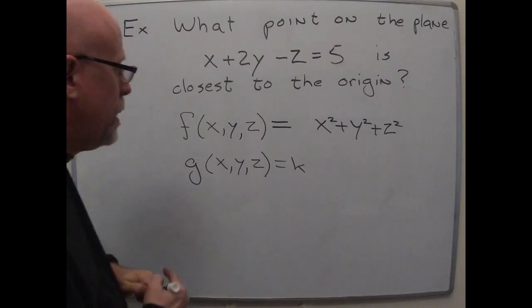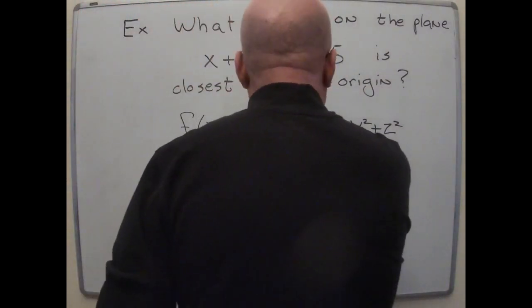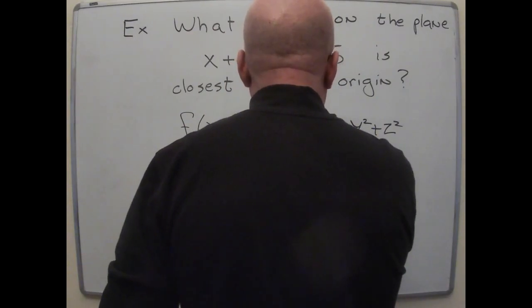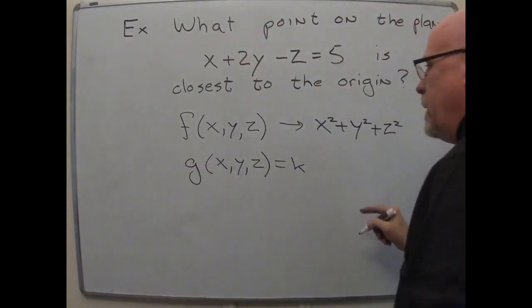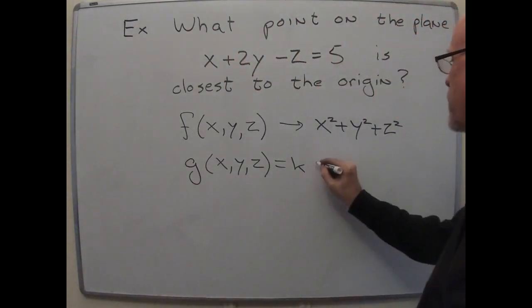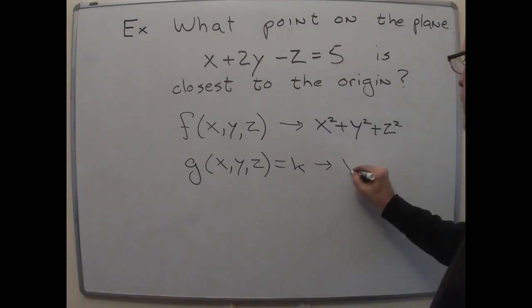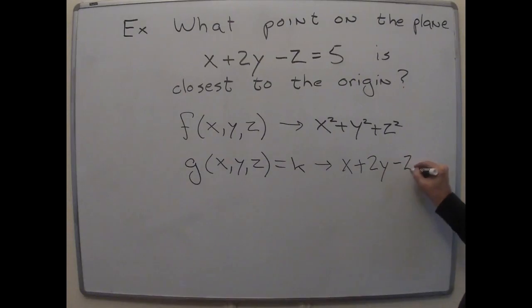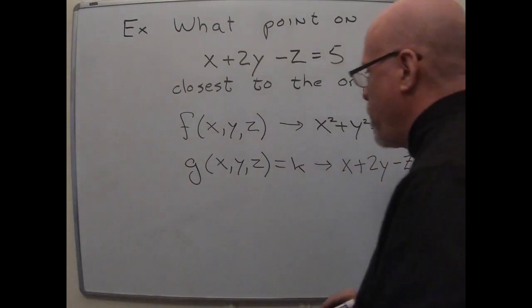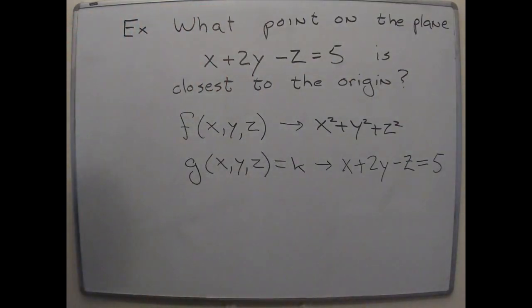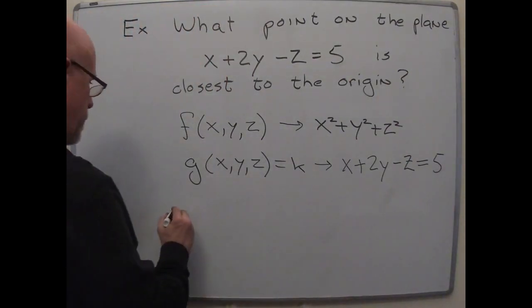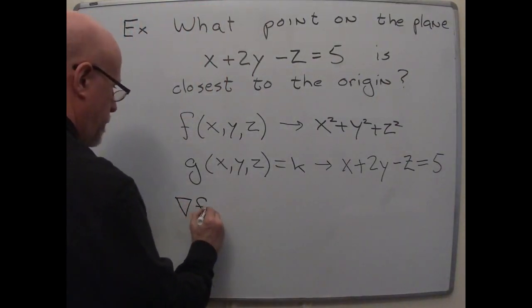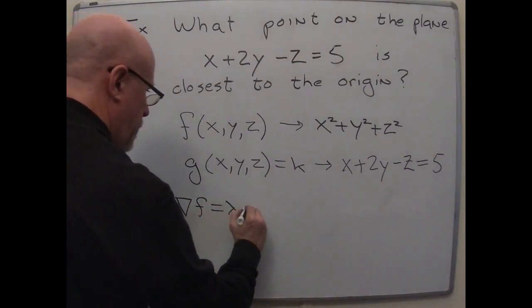All right, so f of x, y, z is x squared plus y squared plus z squared. And g of x, y, z equals k becomes x plus 2y minus z equals 5. Cool. What's the Lagrange condition? That grad f is a multiple of grad g.